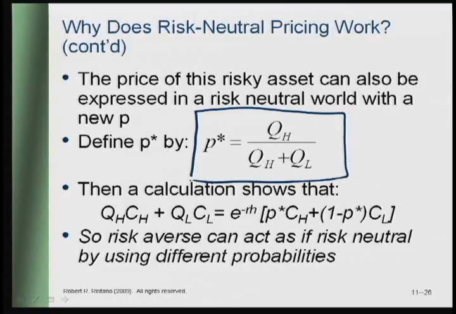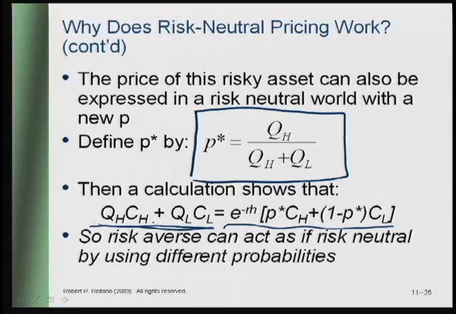And what we're going to show is that this investor will get the same price with P star, assuming that they're risk neutral. And just the math, if I look at the original price of the security, which is this, with that value of P star, it's equal to this. Notice how we've gone from, on the left, an expected utility with P, to on the right, the expected payoff at P star.